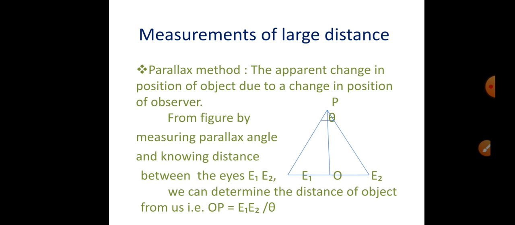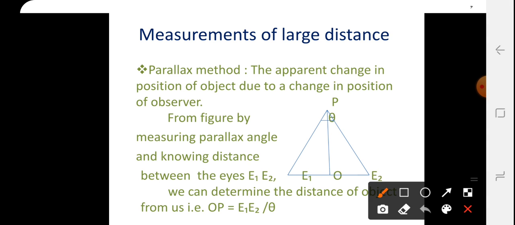We can study this parallax effect by a figure. E1 and E2 are the two positions of the eyes and P is the position of the object. OP is the distance of the object.